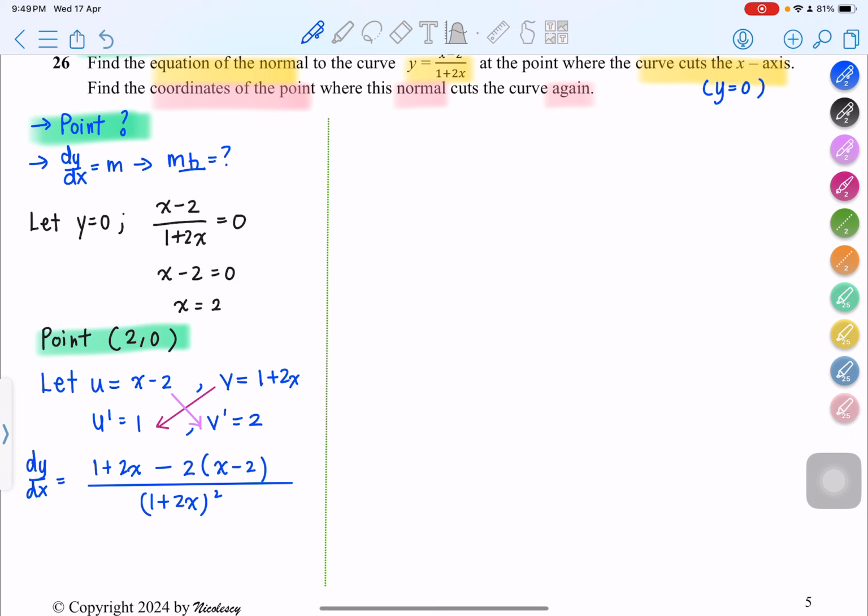Once I have this, the next step is to take the x coordinate of my point, which is 2, and substitute it into dy/dx to find the gradient of the tangent.